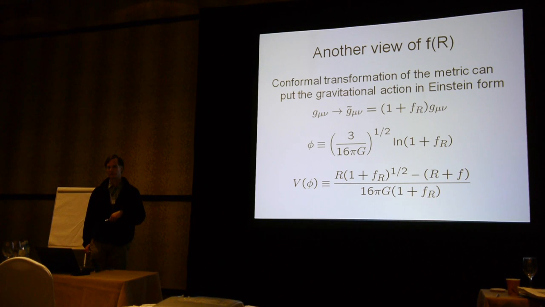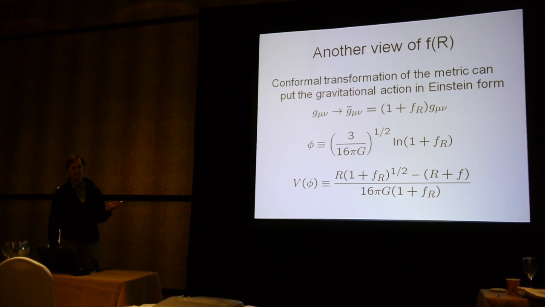Now I want to turn to the question that was implied about scalar tensor theories. It is another way of thinking about these FFR theories. One can redefine the variables used in the action. For example, taking the metric and redefining it, calling it g tilde with this combination.